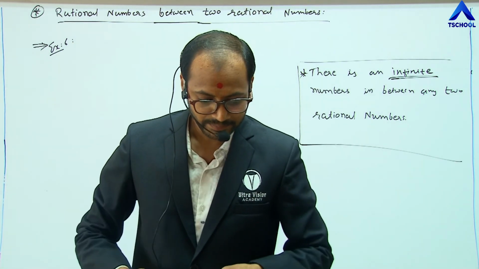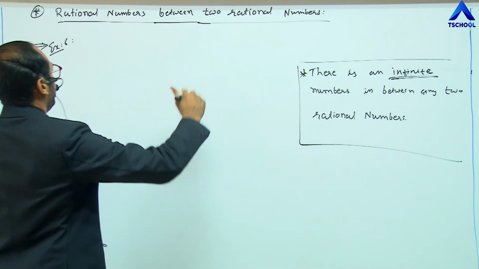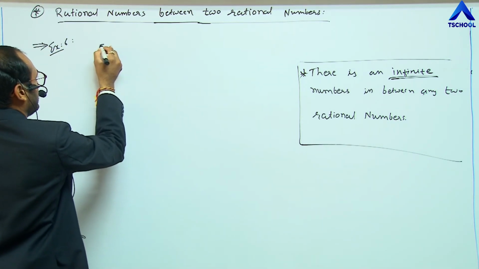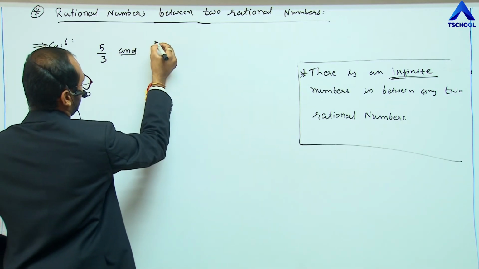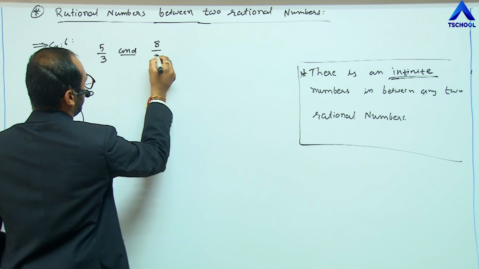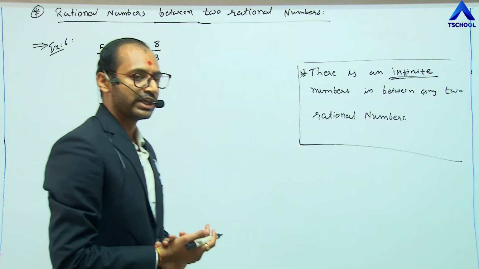Let me take an example: I want to find the rational numbers in between 5/3 and 8/3. How many numbers are there in between these two rational numbers?